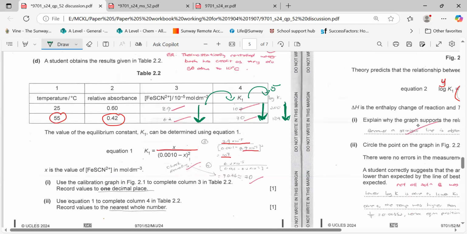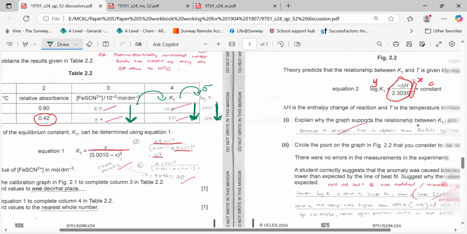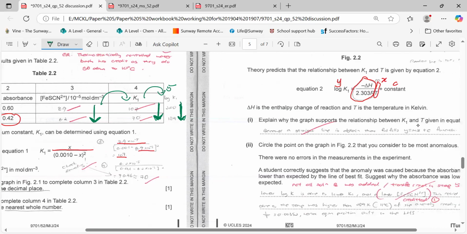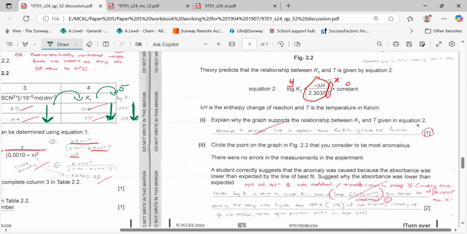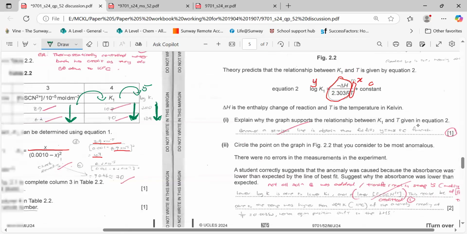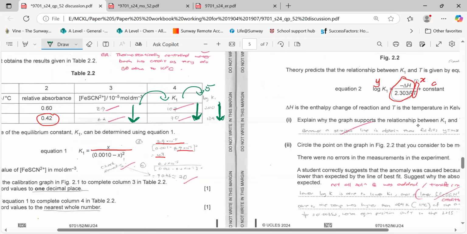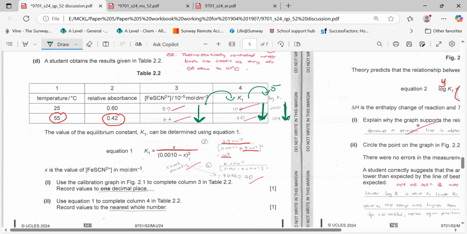Higher temperature, the absorbance is lower, that means the concentration is lower. So they said the student correctly suggests that the anomaly was caused by a lower concentration, which explains why the absorbance was lower. Correct? The concentration was lowered, and then the absorbance was lowered, which is correct. That's what the student says, right?